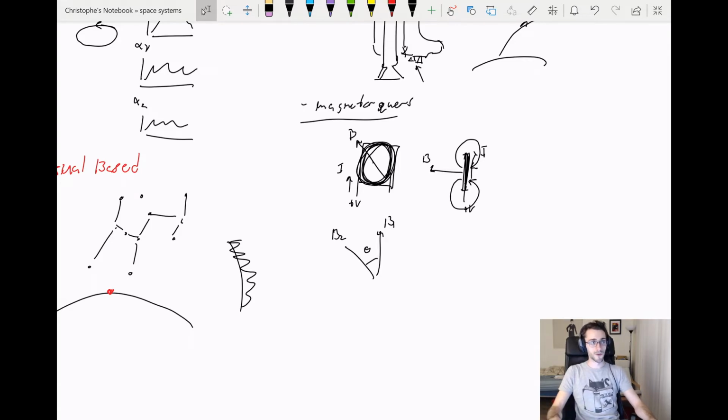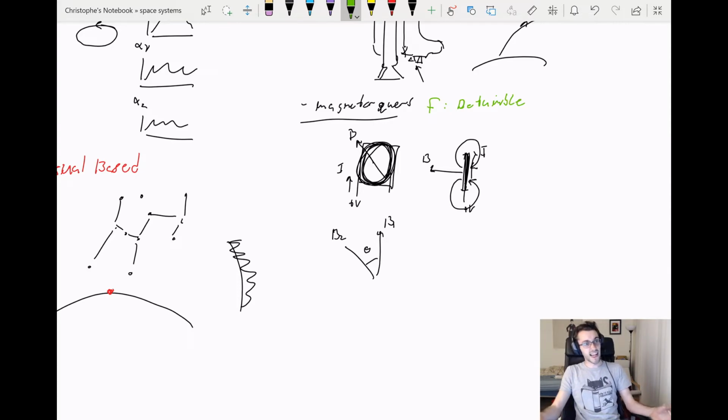It's gotten to the point where other active control systems can reasonably control your attitude and stabilize it and do whatever you want. So oftentimes magnetorquers are used to detumble the craft.